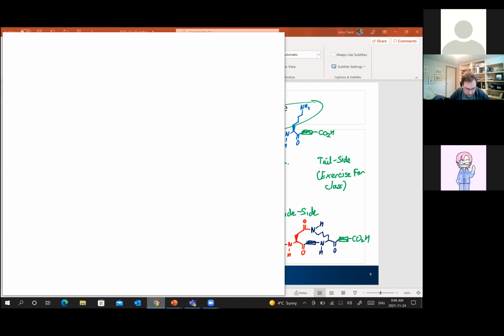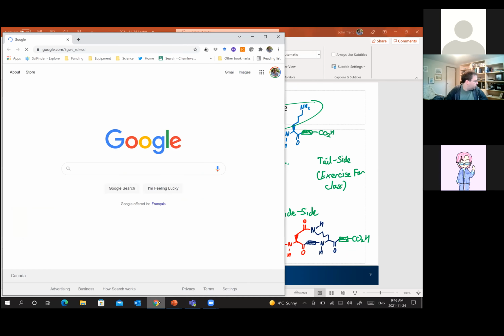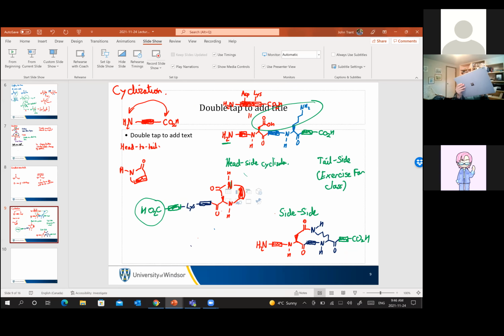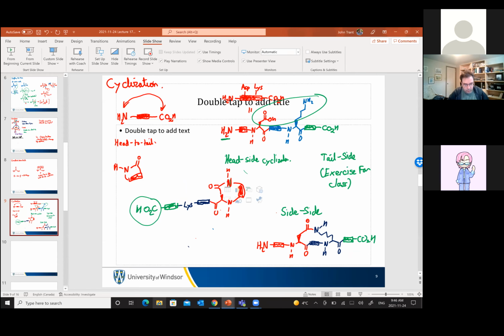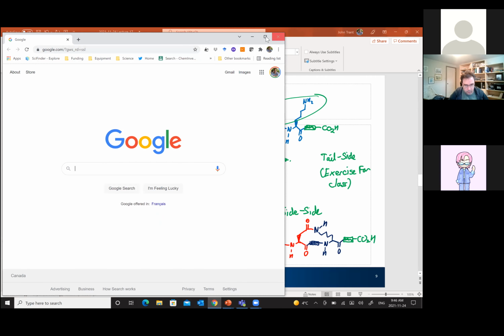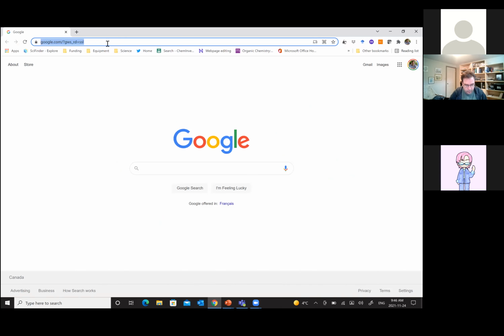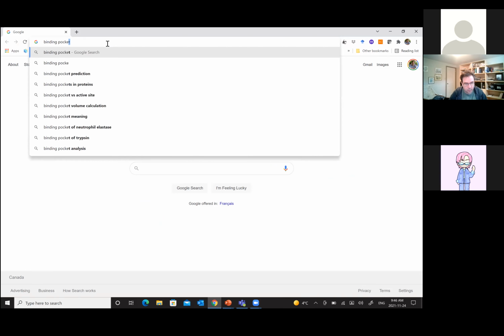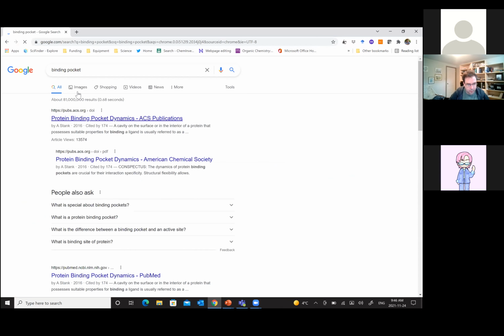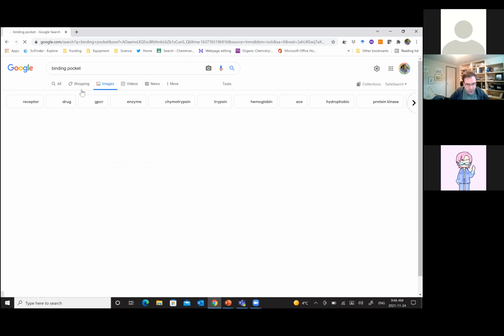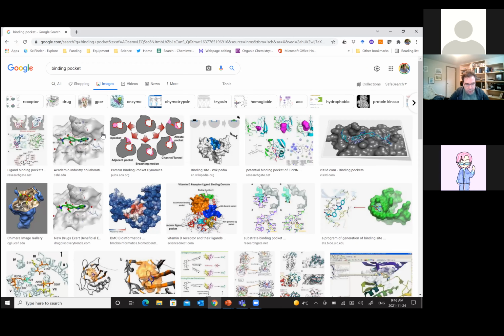Start up Chrome. Okay. Let's see if we're a typical binding pocket. Yeah, okay, so perfect.